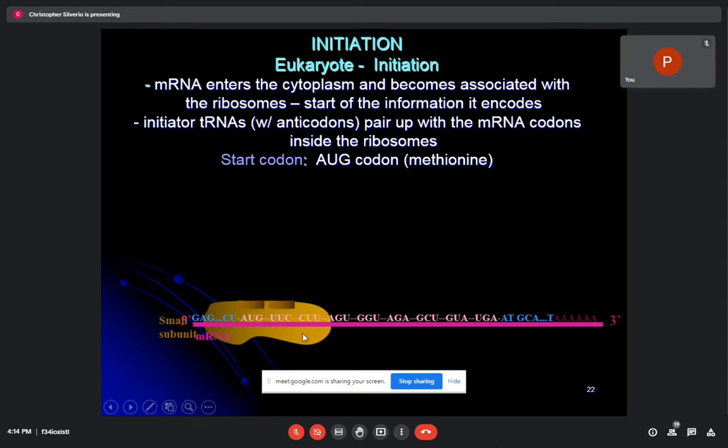Okay, this is the small ribosomal RNA, and this is the transfer RNA. Take note that the transfer RNA is the one that is carrying the amino acid, and also below is the anticodon, wherein the codon of anticodon UAC is AUG.